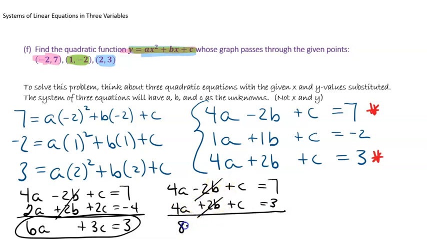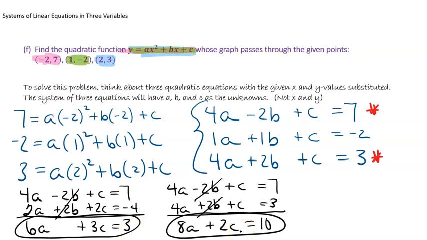And now I've got 8a plus 2c, because I added 1c plus 1c, that's 2c, is equal to 7 plus 3 is 10. Now I have a second equation that I could work with. Okay, so we've got a little bit of room. We can work on this page. Now, remember, I'm going to stack these up. 6a plus 3c equals 3, and 8a plus 2c equals 10.